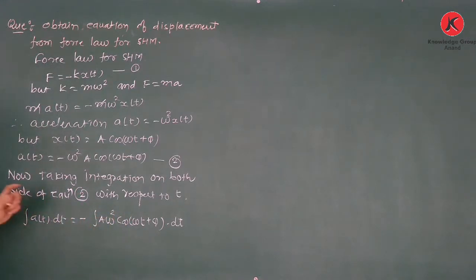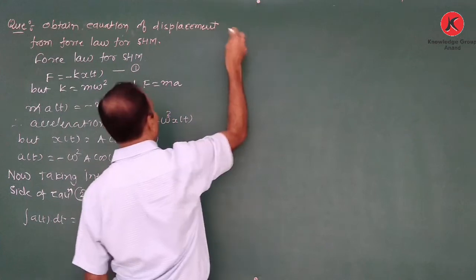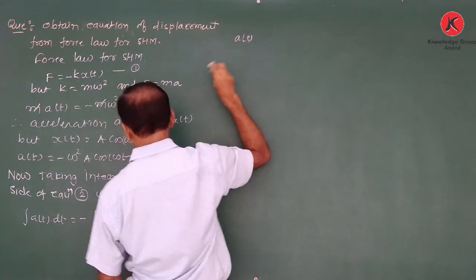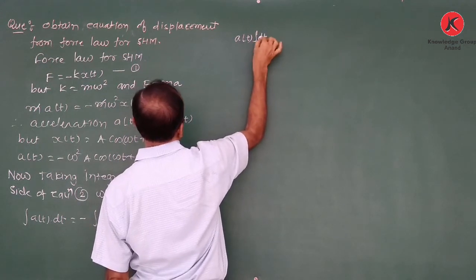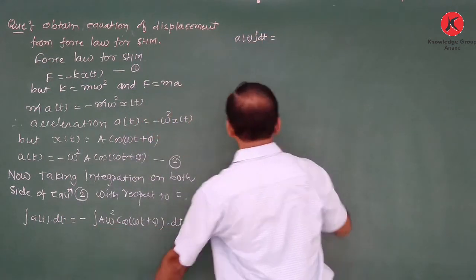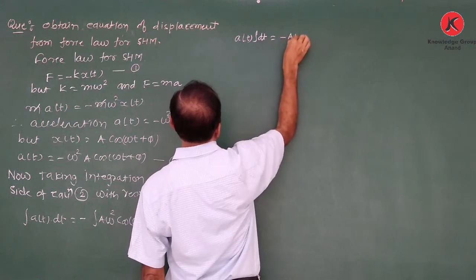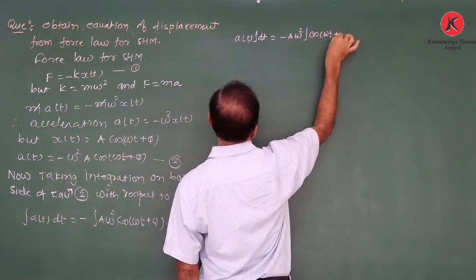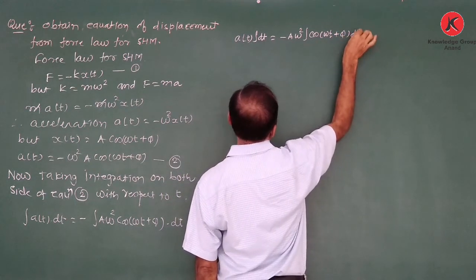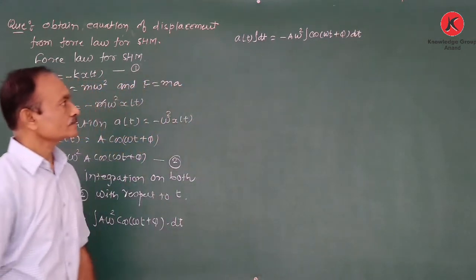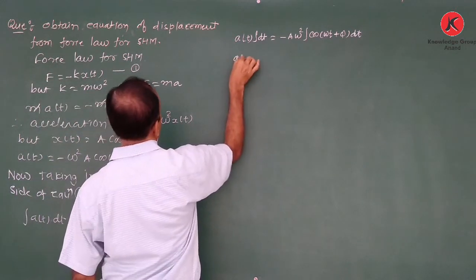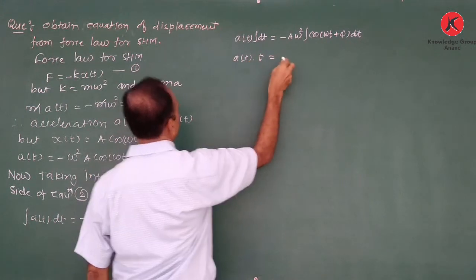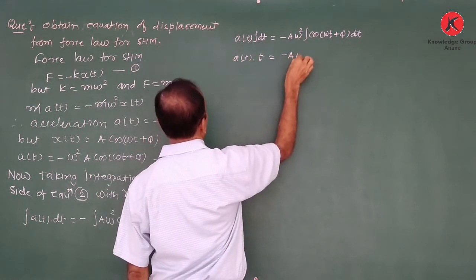Now, here a is constant, therefore taken out. Integration of dt is equal to, on the right hand side, minus A omega square, which is constant, therefore cos(omega t plus phi) dt. Now listen here, a as it is, integration of dt is t only, is equal to minus A omega square.